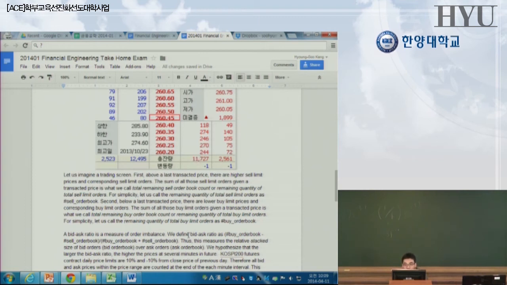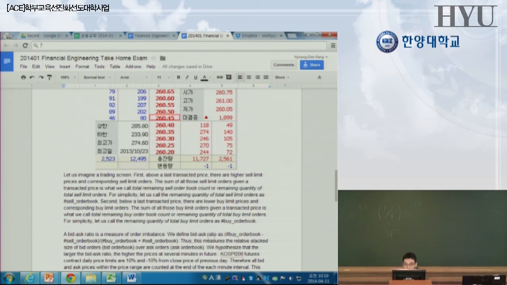We define the bid-ask ratio as the sharp buy order book minus the sharp sell order book, divided by the sharp buy order book plus the sharp sell order book. Thus, this measures the relative stacked size of bid orders over ask orders.